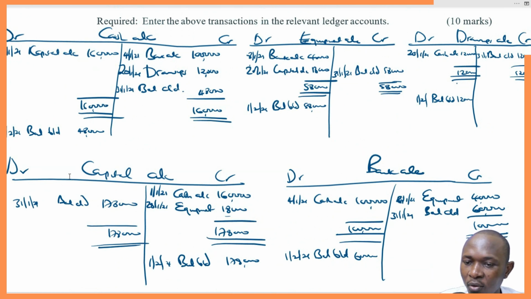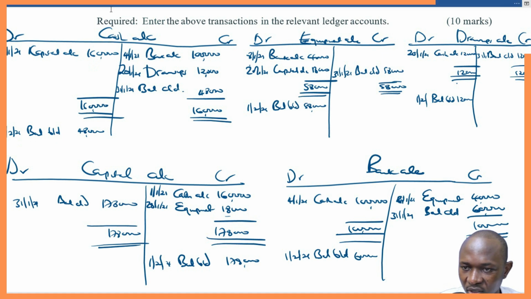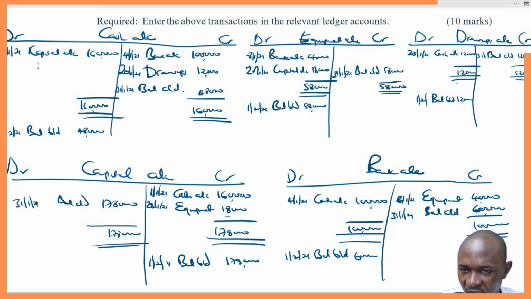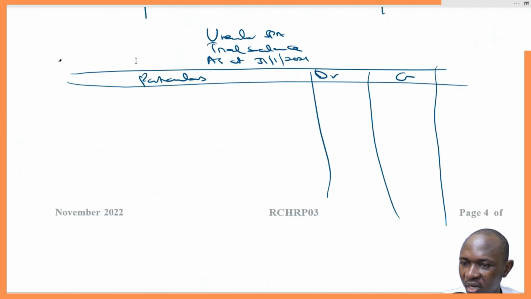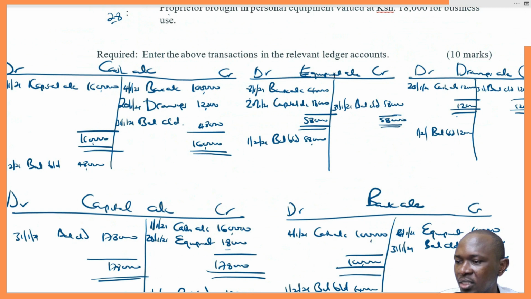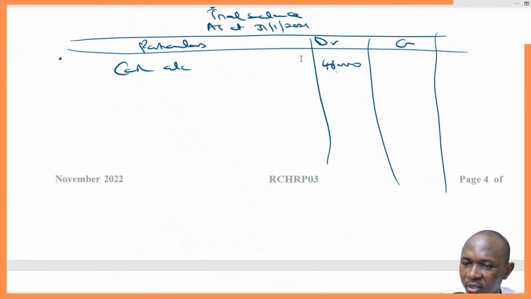So cash account, balance brought down figure 48,000 on the debit side. So you simply come here, cash account, 48,000 debit side. Then you go to the next one. This is equipment account, 58,000 debit side.